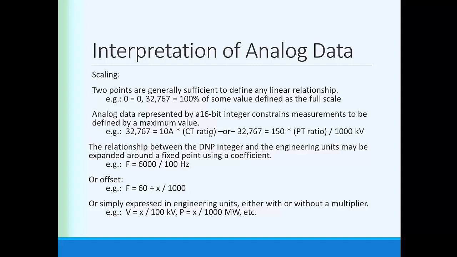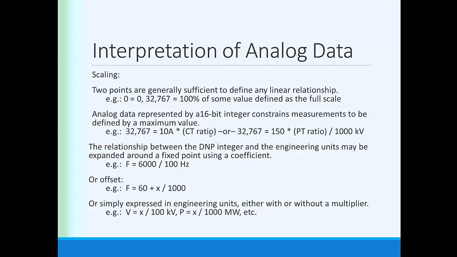Okay, we've already talked about scaling in terms of 32-bit signed, 16-bit 2's complement signed integer, or signed analogs. So let me talk about a couple other scaling methods that you'll see pretty often in DNP. For example, frequency. If I only need to know the frequency down to plus or minus 1/100th of a hertz, and 6,000 is less than 32,000, there's no reason I can't represent 60 hertz as 6,000 counts, because it's never going to go up to 32,000.